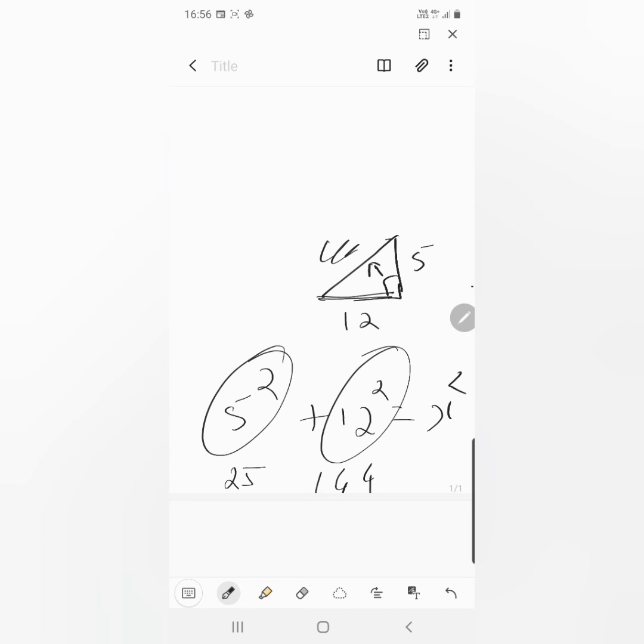These numbers are kind of imprinted in my mind because I've gone through the process of 5 squared is 25, 12 squared is 144, 15 squared is 225, etc. And you add these and get 169, which is 13 square, which is the square root of 169.